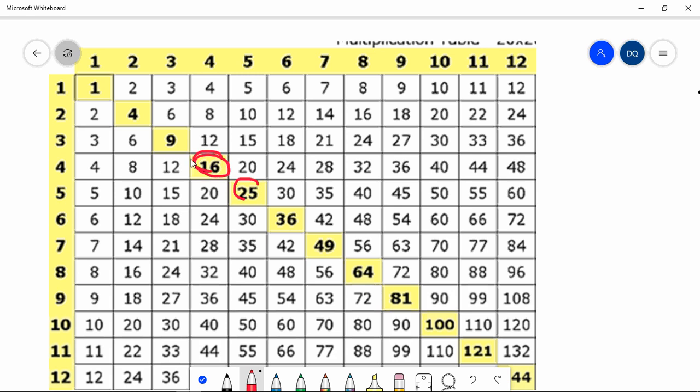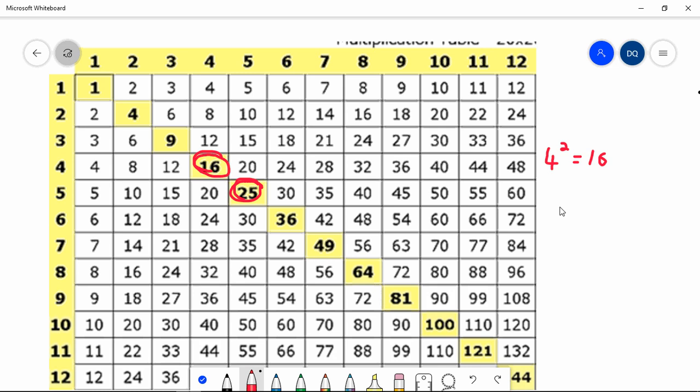Or 5 squared is 5 times 5, which is 25. And the way we write 4 squared is we write a 4, and then we write a really small 2 up here. That's an exponent. So that 4 to the exponent 2 is pronounced 4 squared, and it means 4 times 4. And 4 times 4 is 16.